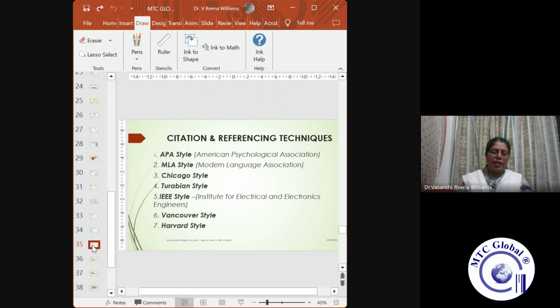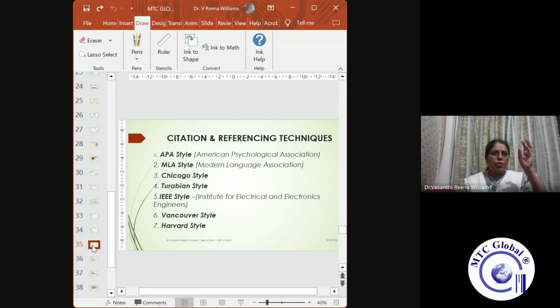Similarly, for referencing also, there's a particular style. The most common is the APA style, followed by the MLA and the Chicago style. The APA style was incepted by the American Psychological Association. So they came up with a concept saying that when people are giving references, each one is giving it in their own way.